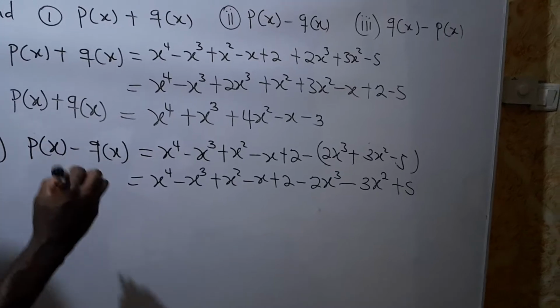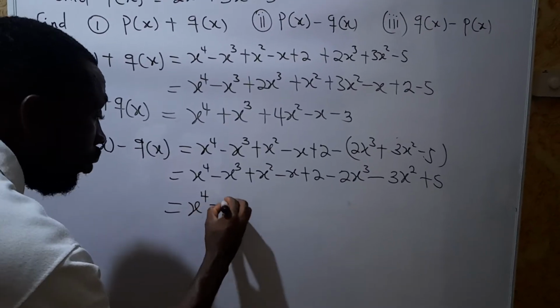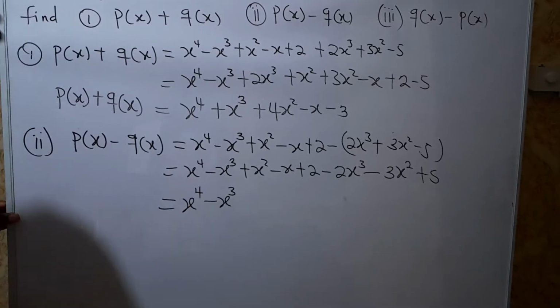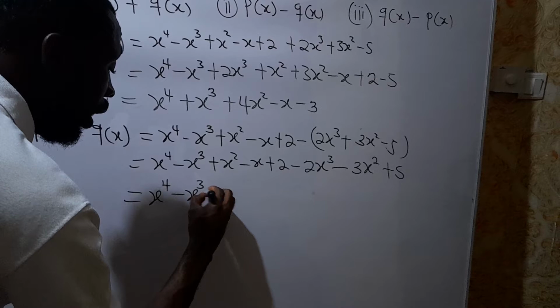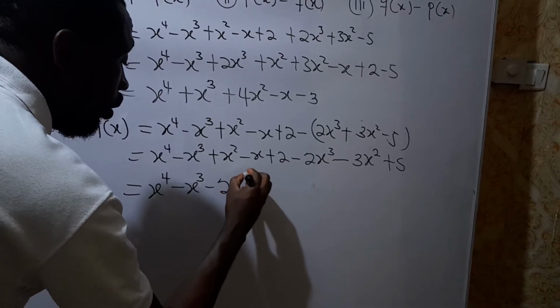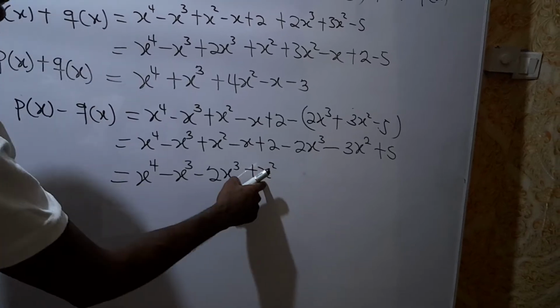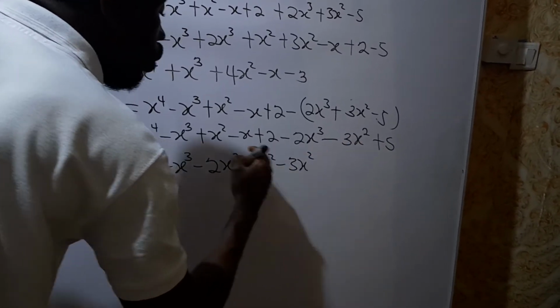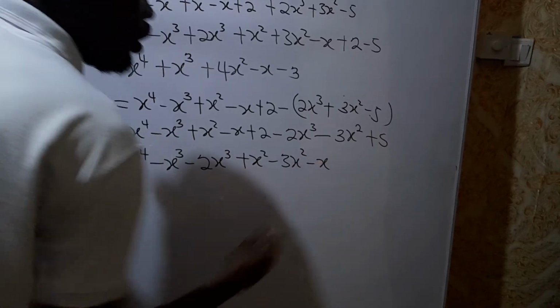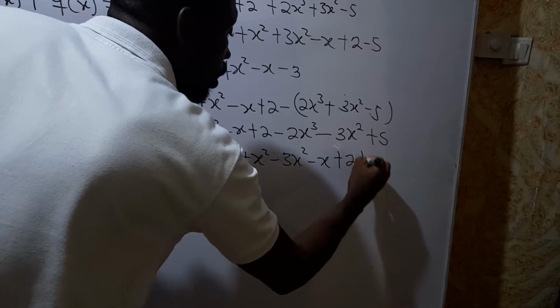What next? We group like terms. So we have x exponent 4 minus x exponent 3. Then we have another x exponent 3 term, so minus 2x power 3 plus x squared. Do you have any x squared term? Yes, minus 3x squared minus x. We don't have any x term. Then our constants.